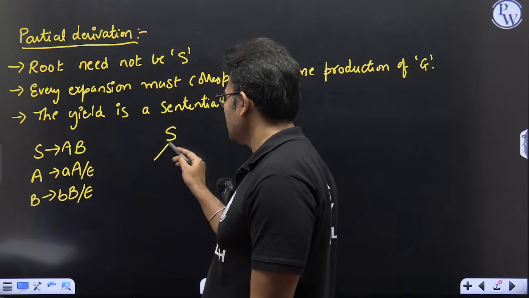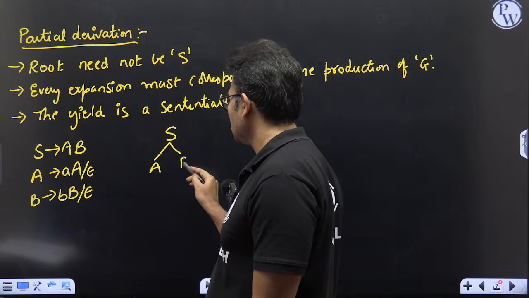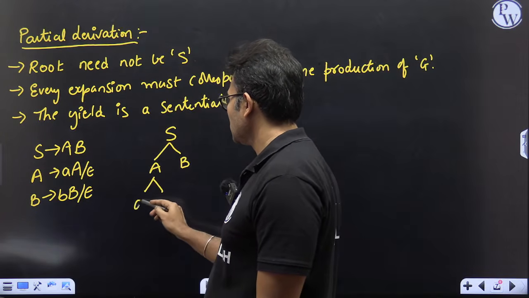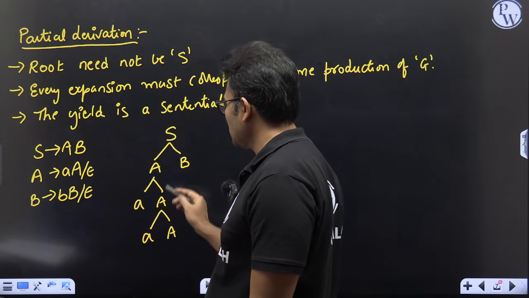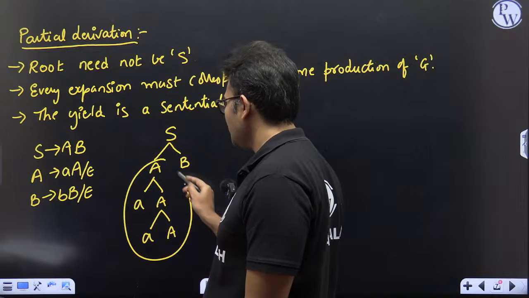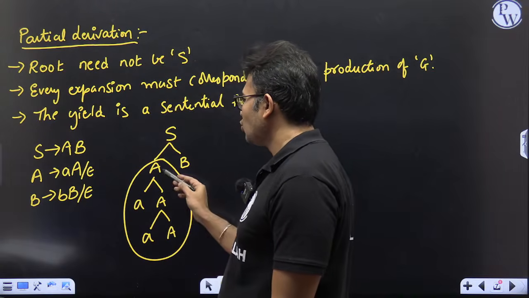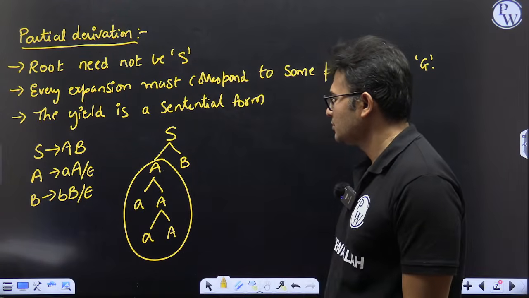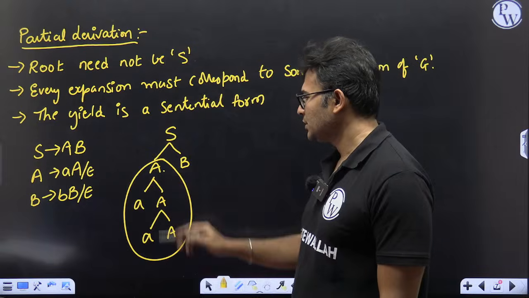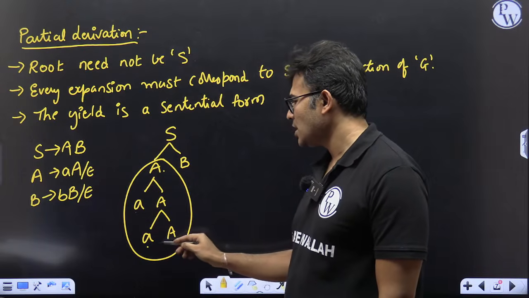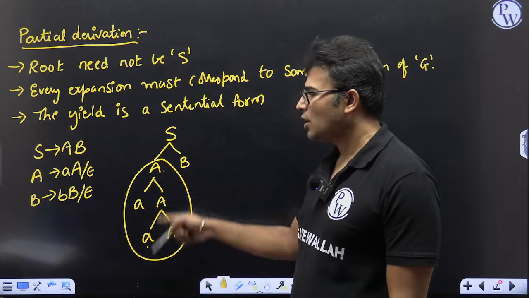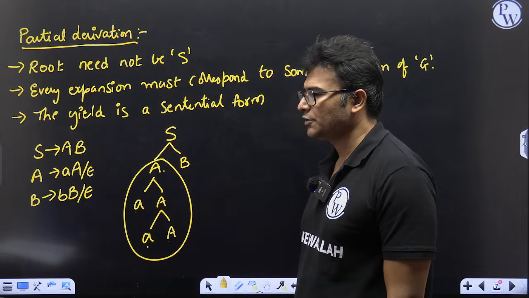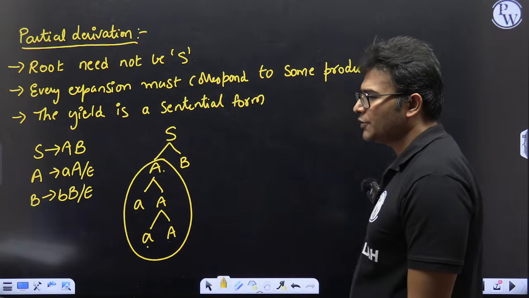S derives AB, A derives AA, A derives AA. Now this is called partial derivation. The root need not be S. Here, A, a capital A, is a sentential form. So this is called partial derivation.